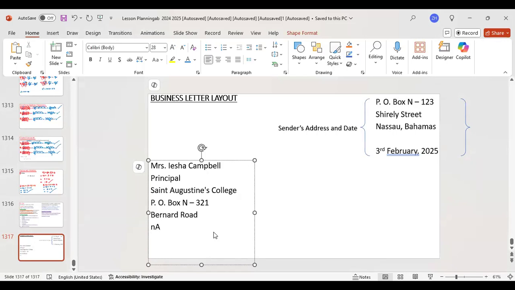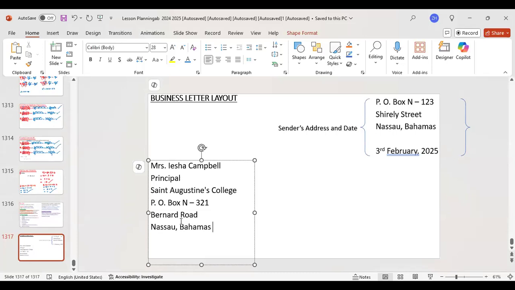Mr. Petit, how come our address has the PO box on the top and this one has the PO box on the bottom? Remember, we have to mention the person, their title, their position, their school, and then we start with the address.